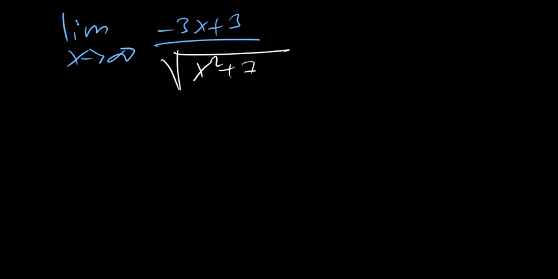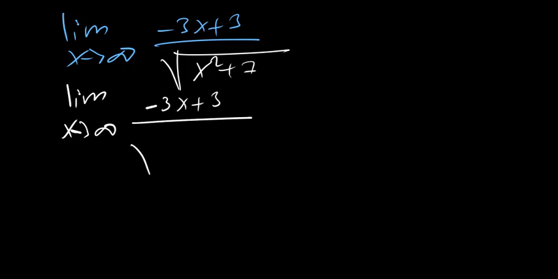Okay. It looks interesting, eh? So what we are doing actually, we are following the denominator. So we are factoring x squared in the square root. You get my point, right? So we are now doing limit as x goes to infinity of negative 3x plus 3. On top, I've not done anything. But down here, we are factoring out x squared.